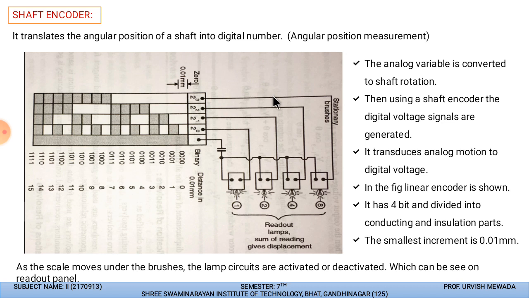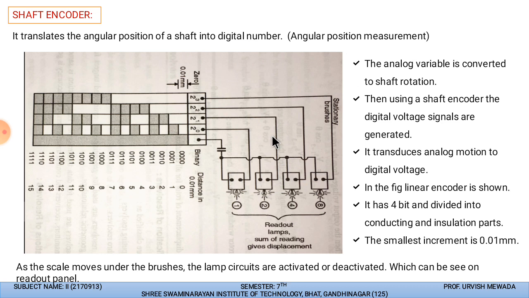It has 4 bits, which are divided into conducting and insulation parts, and the smallest increment of measurement here is 0.01 mm. Up to 0.15 mm can be converted from the angular position into the digital output.